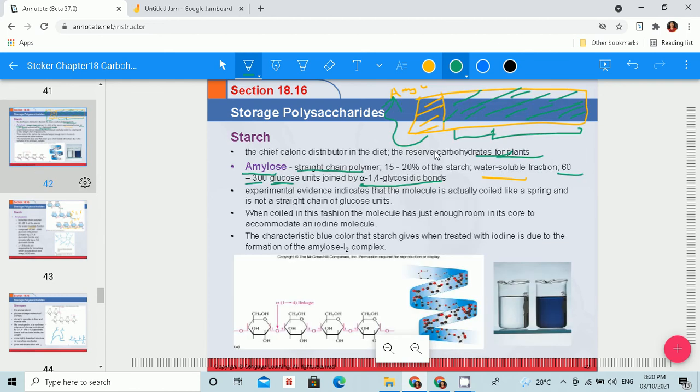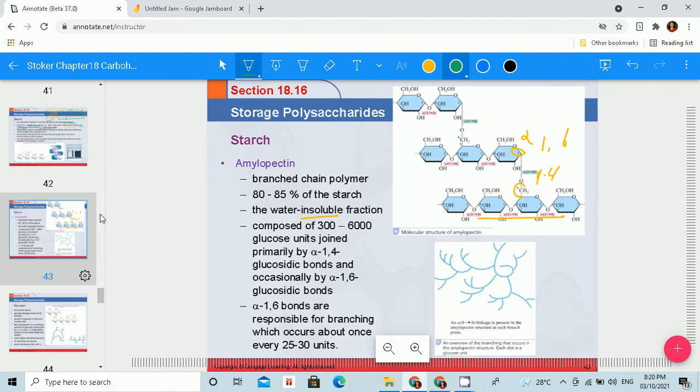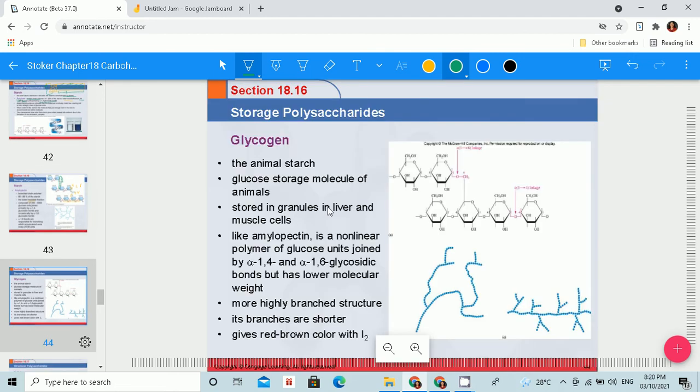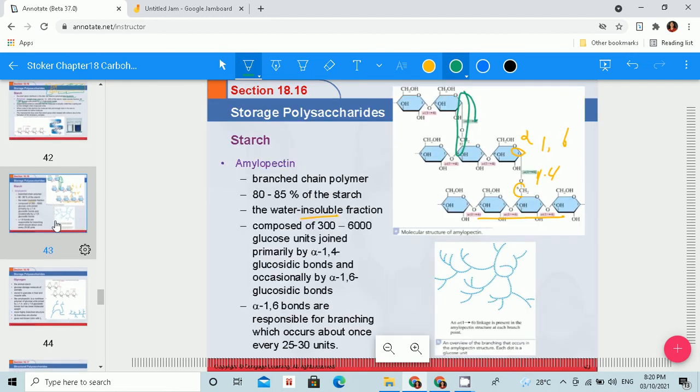In amylose, it's all alpha 1,4 since it's a straight chain. In amylopectin, the straight chain is alpha 1,4. However, during the formation of the branch, it's alpha 1,6 linkage.